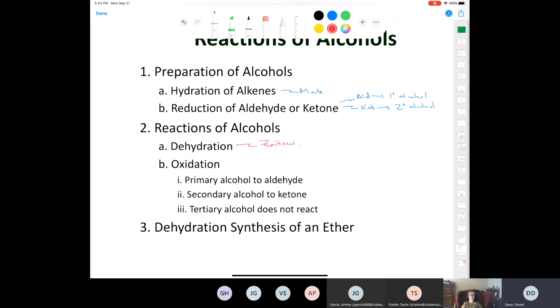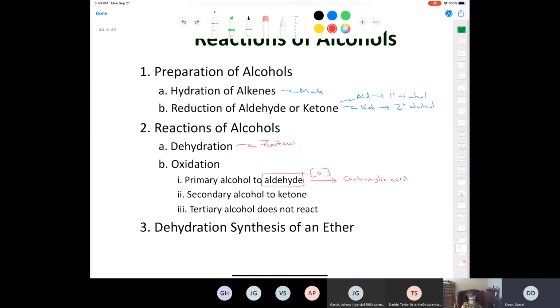Then we talked about oxidation, which is the opposite of reduction that we looked at here. A primary alcohol gets oxidized to an aldehyde, which can also be further oxidized to a carboxylic acid. That can happen. And then it says here, secondary alcohol gives you a ketone, and a tertiary alcohol doesn't react whatsoever.